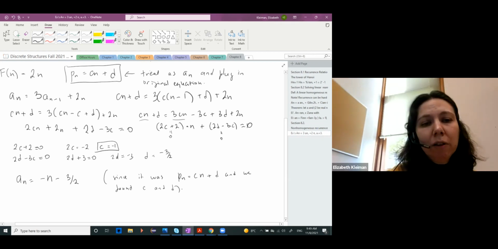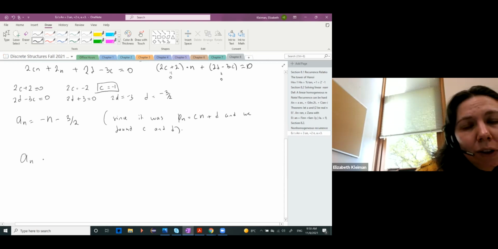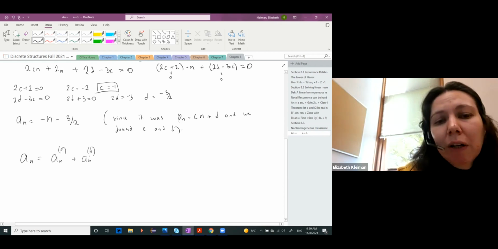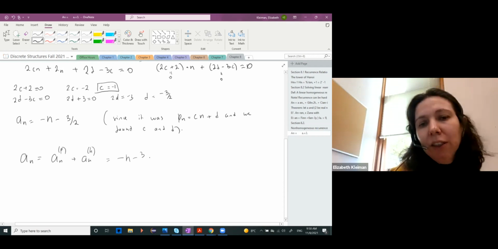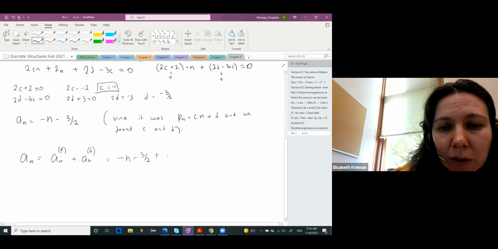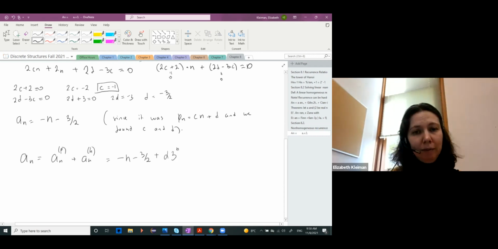And now, using the theorem, I know that the real solution for this equation is going to be the particular solution plus the homogeneous solution. So we need to write the particular solution, which is this, and then the homogeneous solution, which was that.